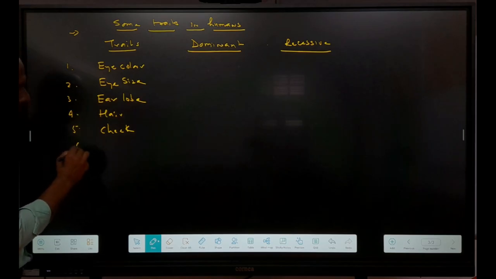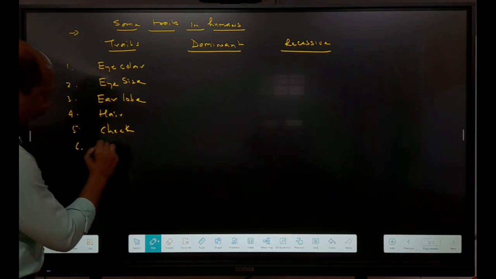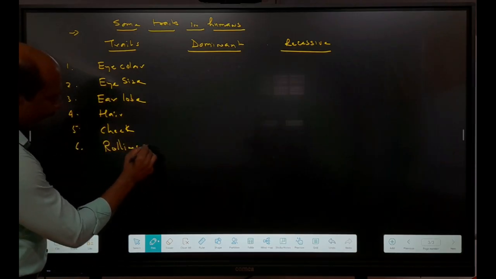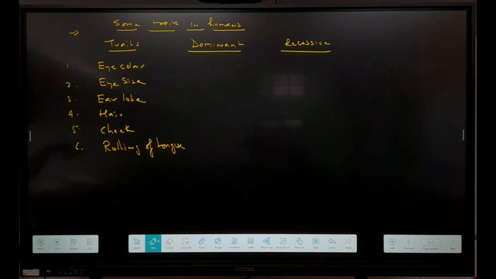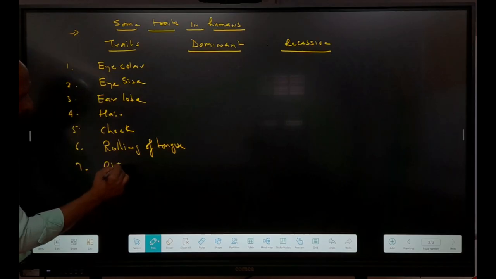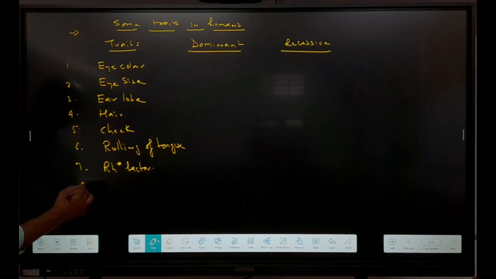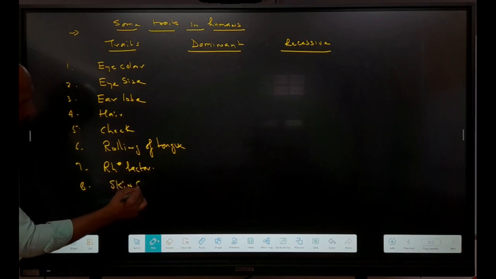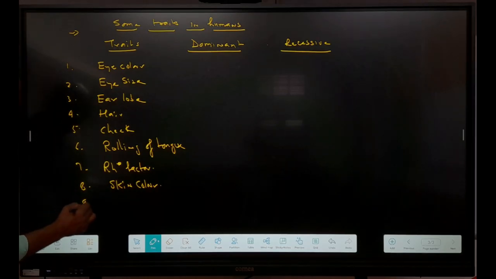Sixth, one more important trait, the rolling of the tongue. Some persons can roll it, but some cannot. Then the RH factor, positive or negative. Eighth is skin color. Sometimes PTC is also asked.